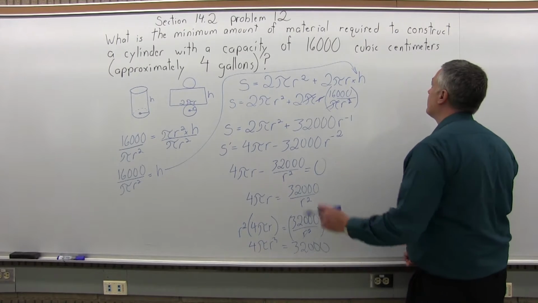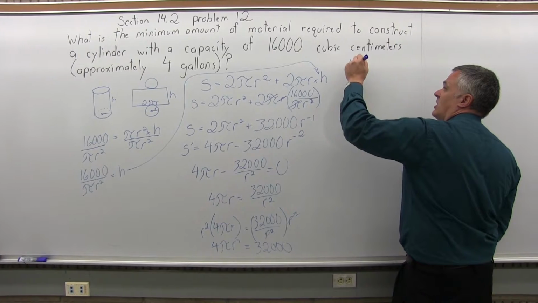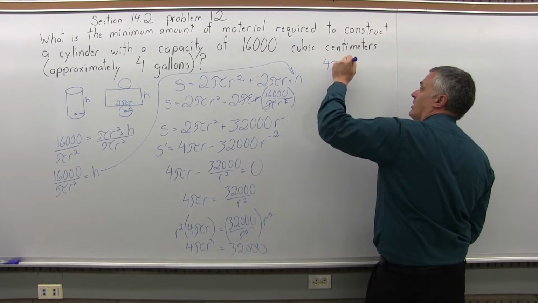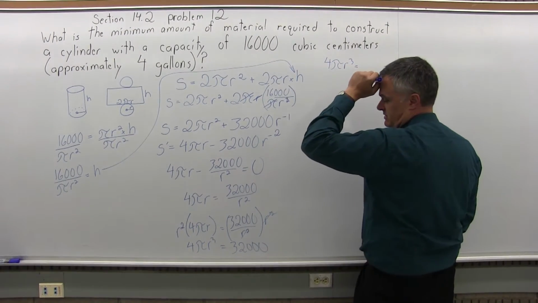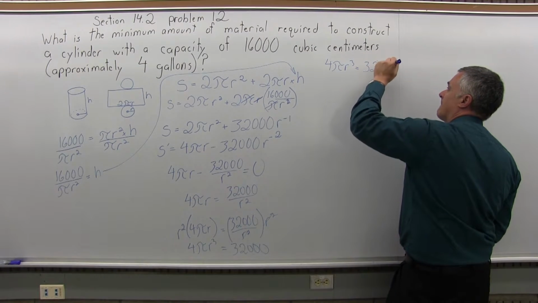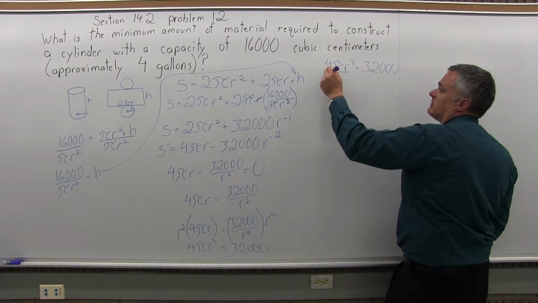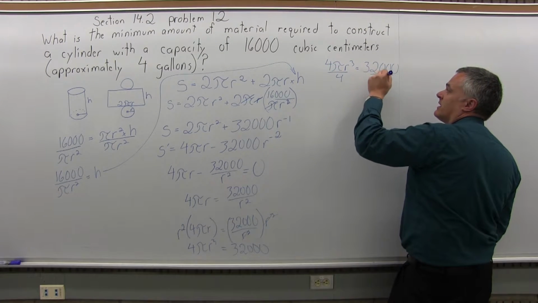So now the equation I have to solve is 4 pi r cubed equals 32,000. Well, let me reduce by 4 right off the bat. Divide the left by 4, divide the right by 4.